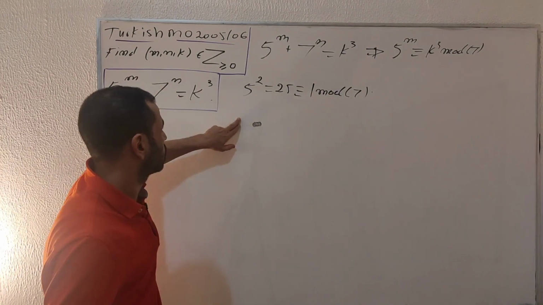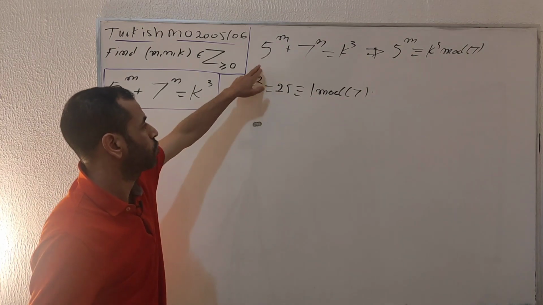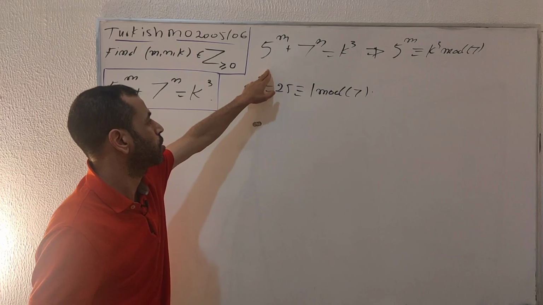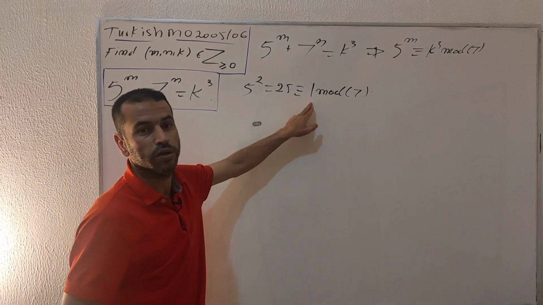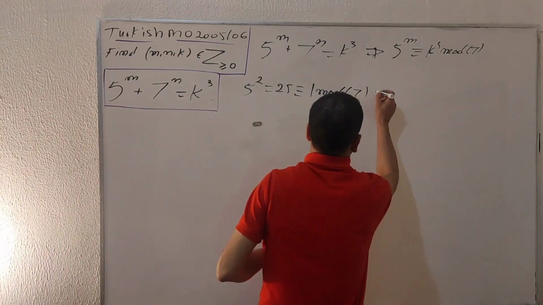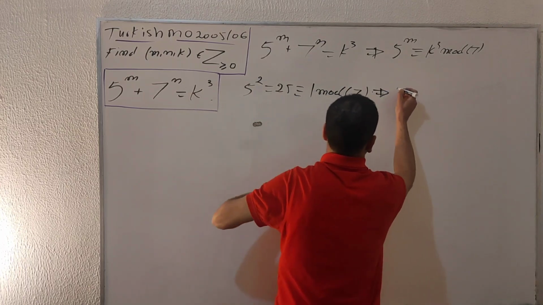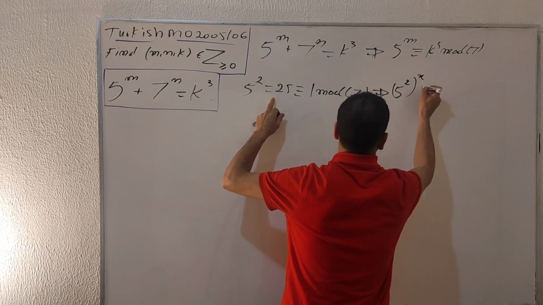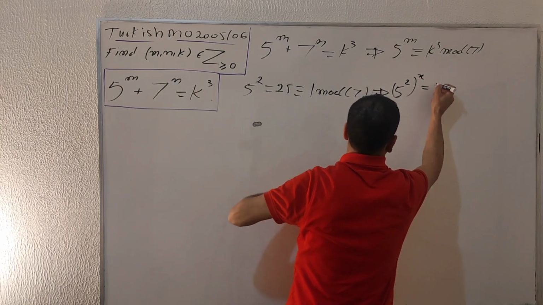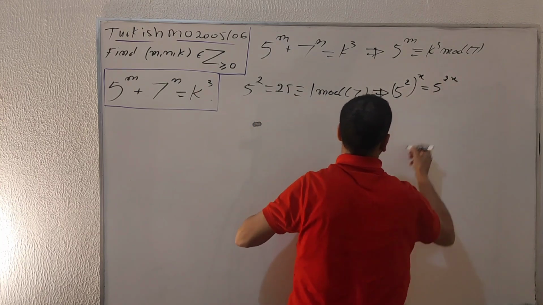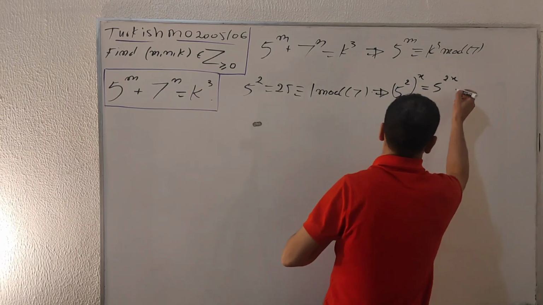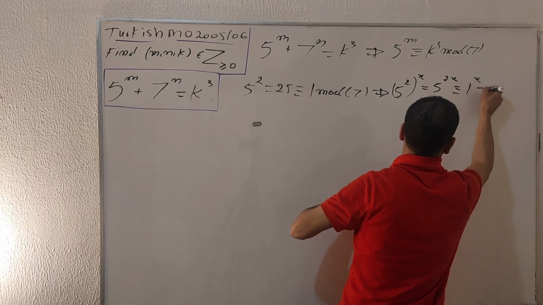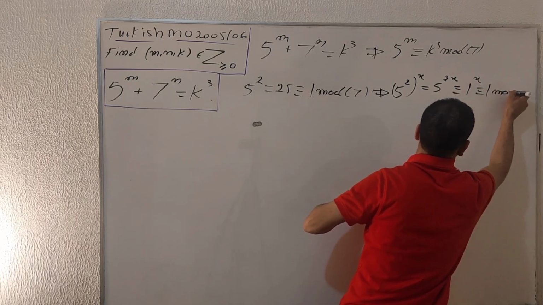Okay, now since we know 5 squared is congruent to 1 mod 7, I'm simply going to raise anything here as a power and I get the same thing. So let's check: 5 to the 2x equals 25 to the x, which is congruent to 1 to the x, which is congruent to 1 mod 7.